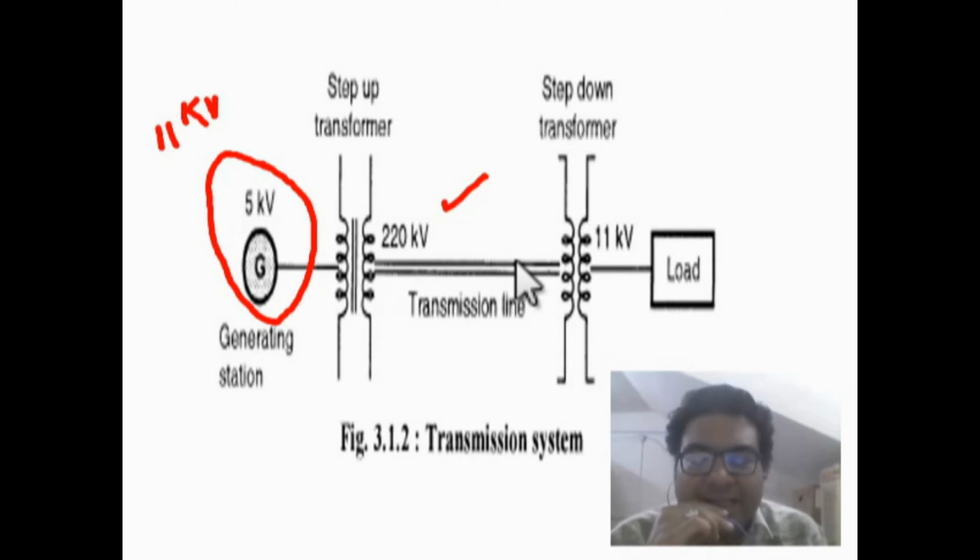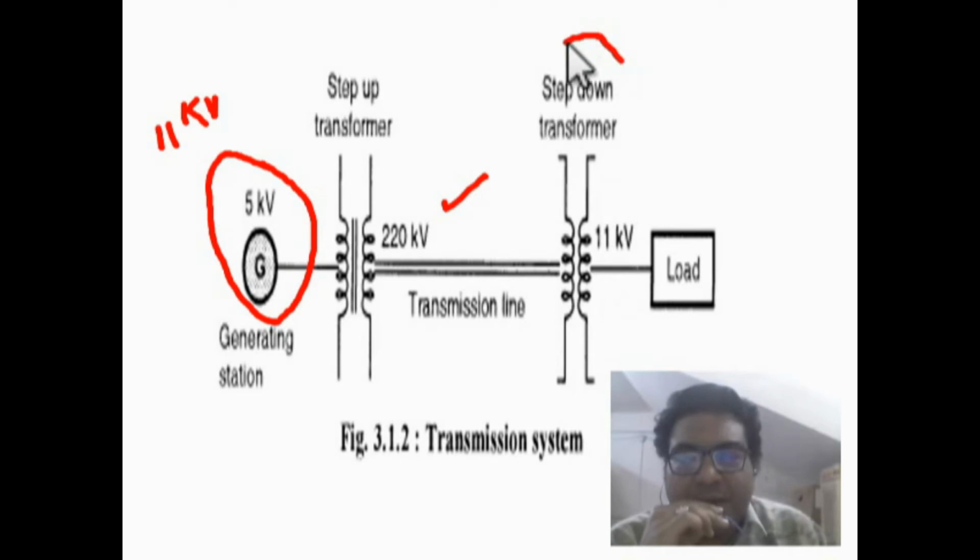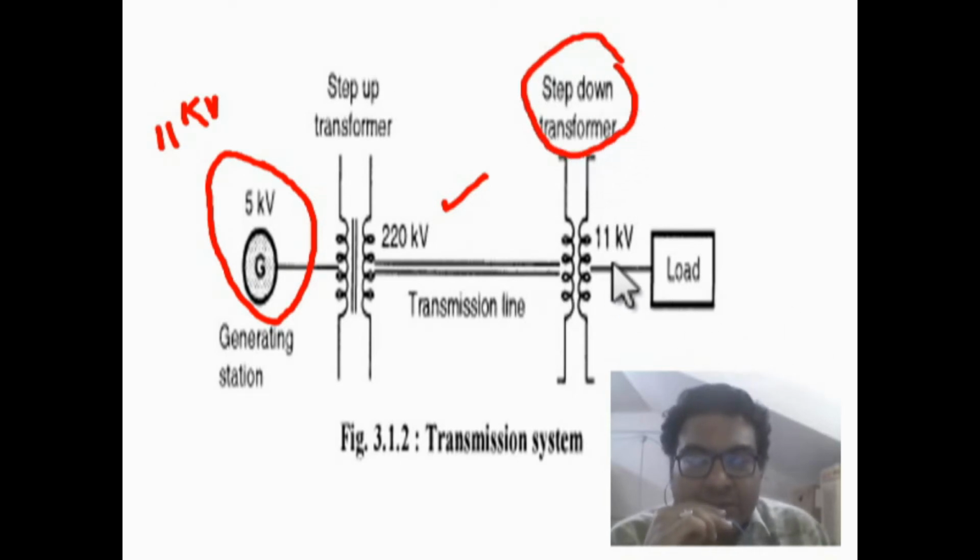These power lines are carried by steel towers, and then at the distribution end, you see here, this is a step down transformer where the voltage level is to be reduced. Up to 11 kV it is reduced from 220 kV or from 400 kV or from 765 kV.